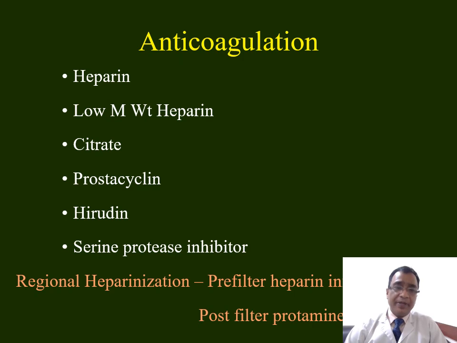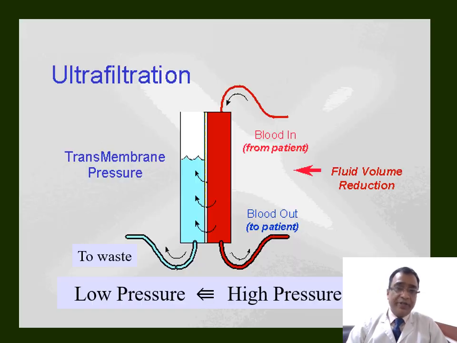The choices are heparin, low molecular weight heparin, citrate, prostacyclin, hirudin, serine protease inhibitor. Regional heparinization is sometimes required, especially in CRRT, where we don't want systemic heparinization, where there is a pre-filter heparin infusion and a post-filter protamine infusion to neutralize the heparin.